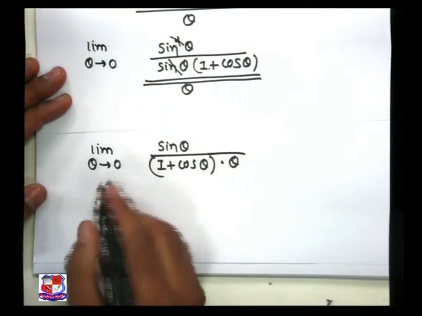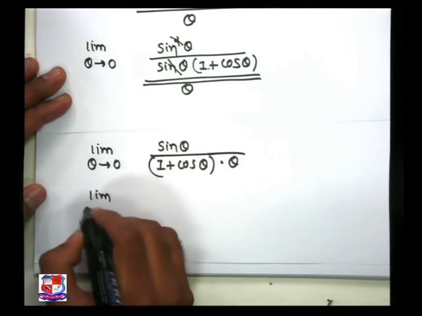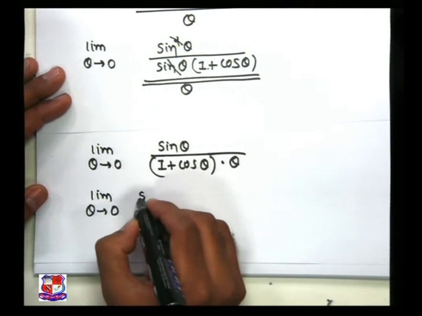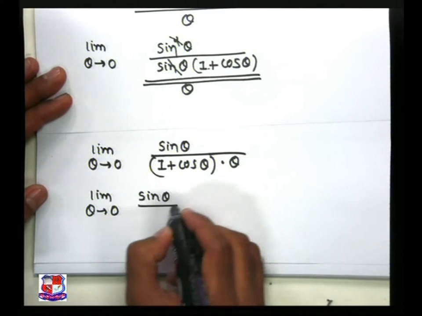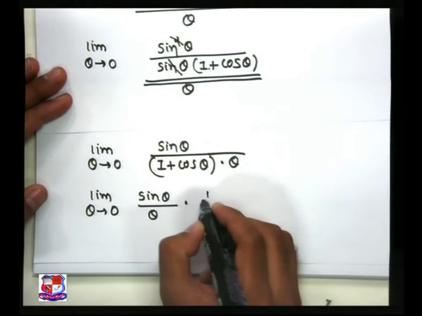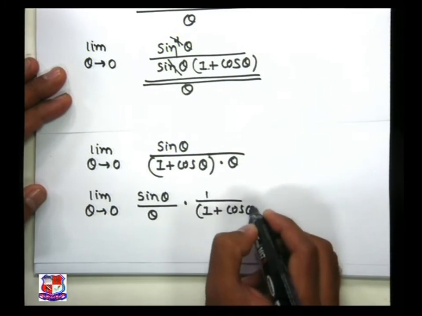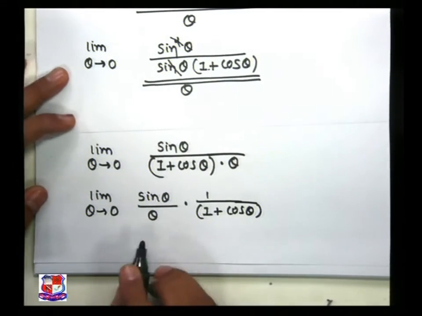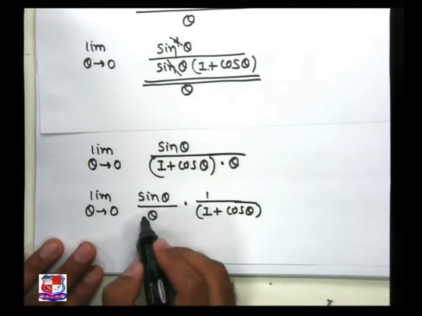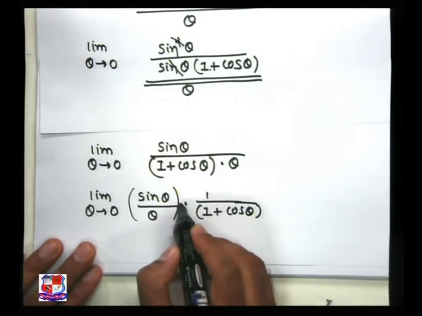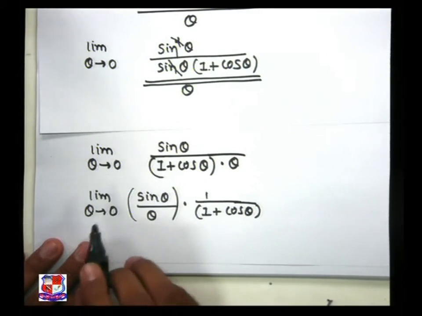Just arrange this term this way: sin theta upon theta into 1 upon 1 plus cos theta. Now apply the limit to sin theta upon theta, and apply the limit to the second one.